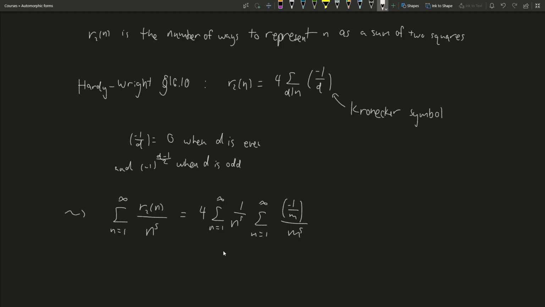And this is, of course, the Riemann zeta function, and this is going to be a Dirichlet L function. And this comes from just recognizing this as being a Dirichlet convolution of 1 and this Dirichlet character.